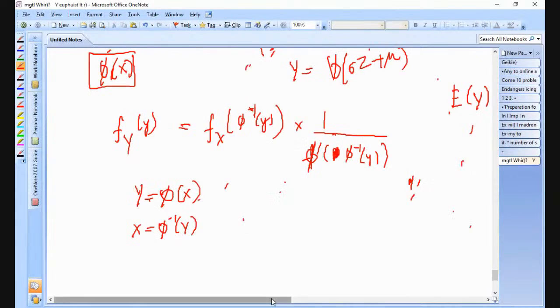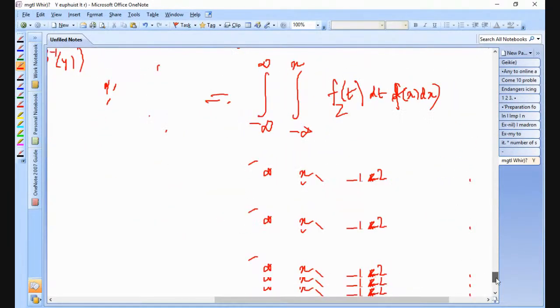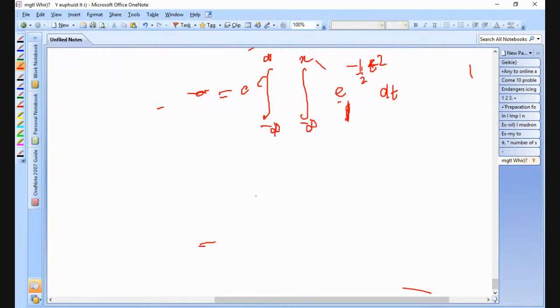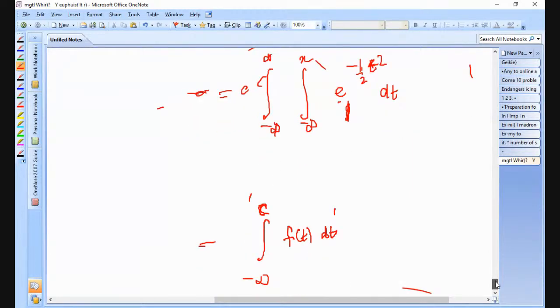They are asking us to find it as the integration from minus infinity to some constant of f of u du, maybe.